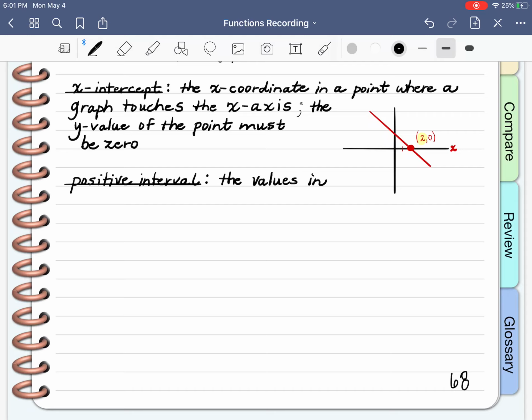And remember, those are x values if we're talking about a domain. The values in the domain, or the x values, for which a graph is above the x-axis.